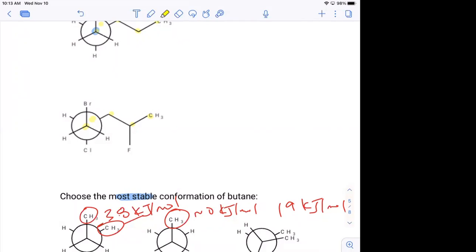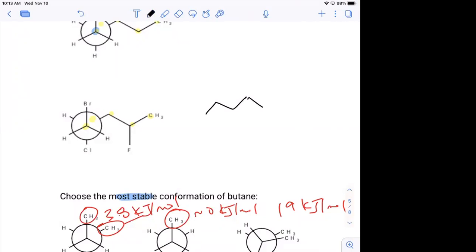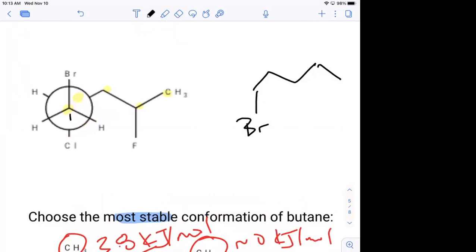Is that right? Yes. Bromine on the first, carbon on the fourth. Good, excellent. The bromine right here. And then if that's carbon 1, and the back carbon is carbon 2, that's 3, 4, 5. So you got a bromine on carbon 1.